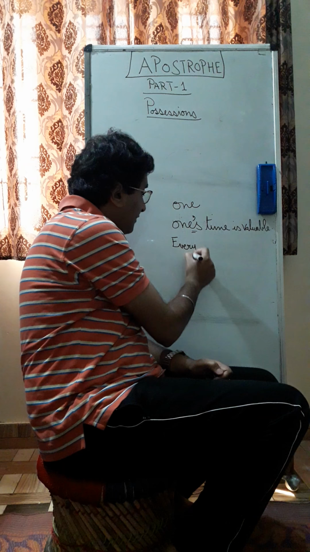Now, let's suppose somebody's name ends in an S, so what would happen? For example, there's a friend I have and his name is Thomas. He has a book. So where do I put an apostrophe? After the S. Right? So Thomas' book.